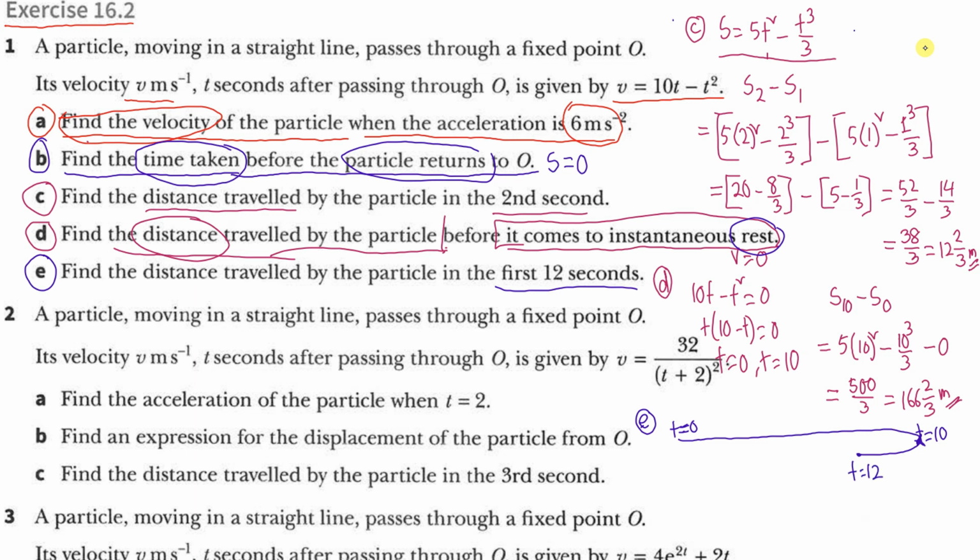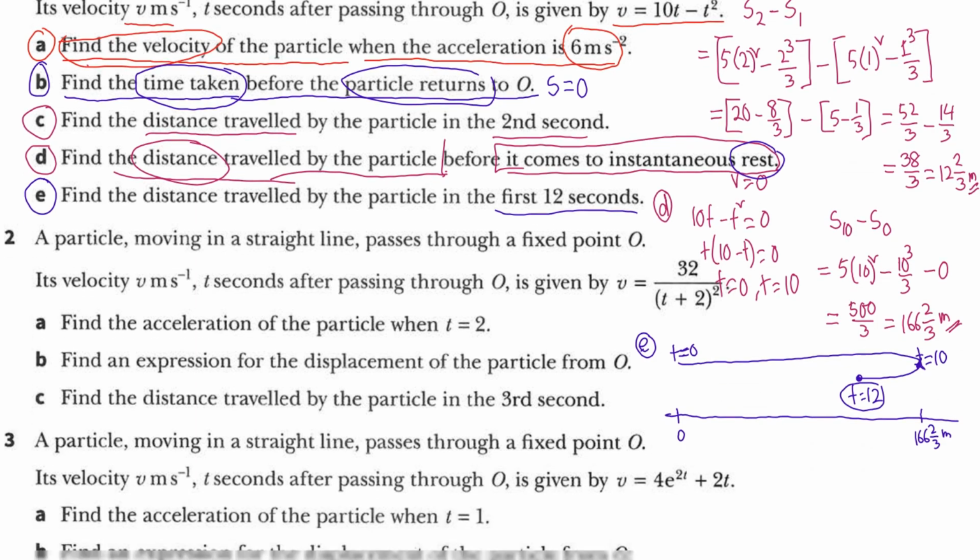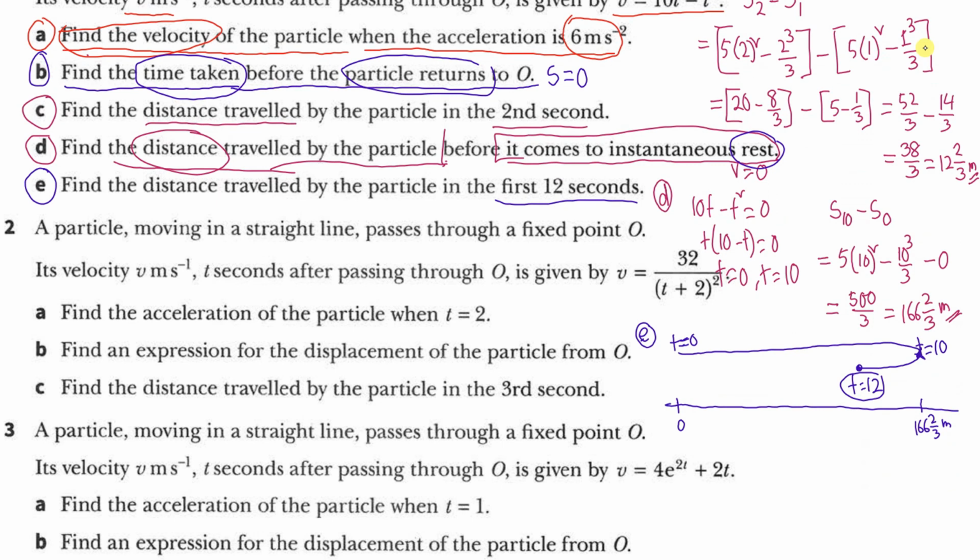So what is the distance crossed? If we mention here, it started at t equals 0, then at t equals 10 seconds, we got 166 and 2 by 3 meter. Now we need to find out at the point t equals 12 what is the displacement. So in our main equation, let me find S12.